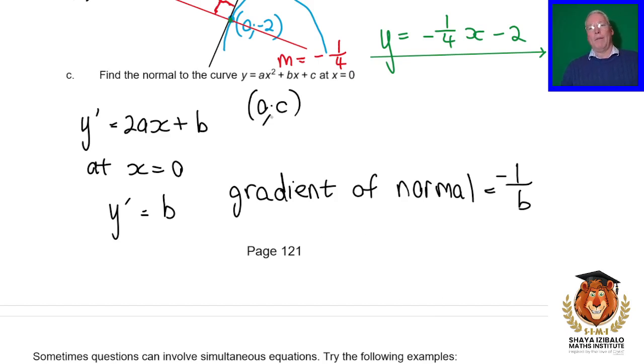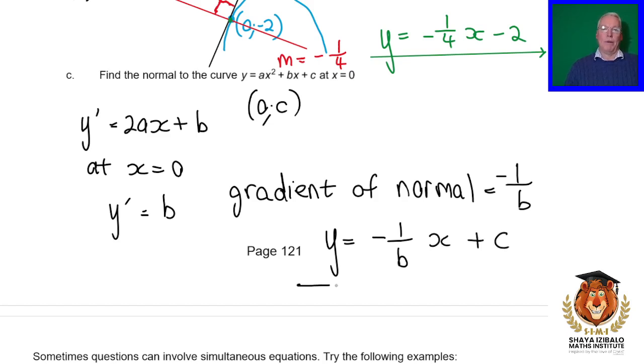And remember that c is the y-intercept. So our final answer is going to just be y equals m, that's our gradient, times x plus c, the y-intercept. That's a little bit abstract, but we're just using variables instead of numbers.